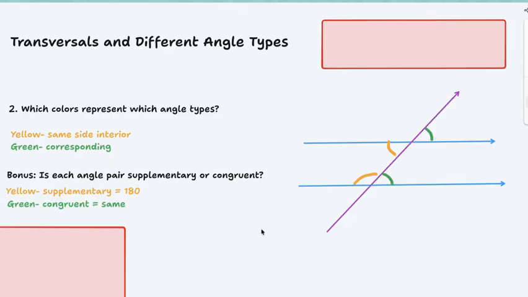So the answers are here. For the yellow pairs, since it was same side interior, like I said, when they are on the same side of the line, they add up to 180 degrees because they're supplementary, and the green angle pairs are congruent, which means that they're the same and will have the same degree measure because they're corresponding.